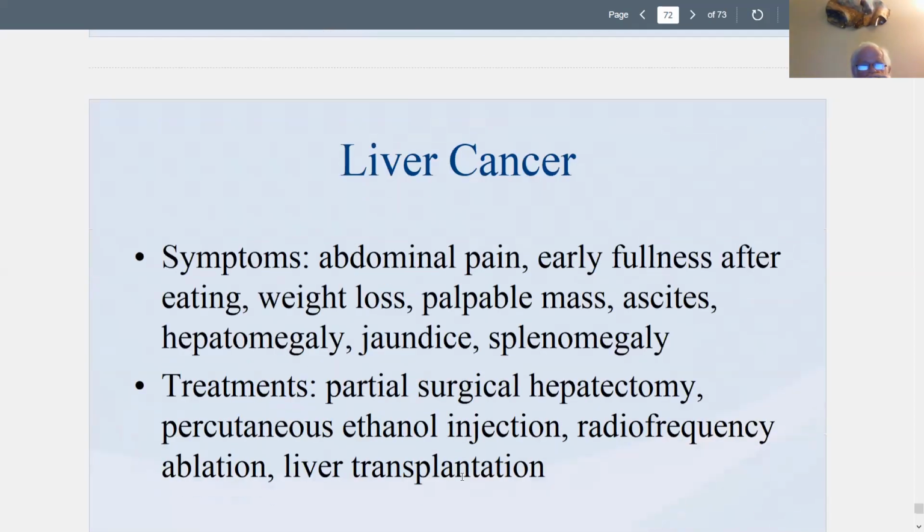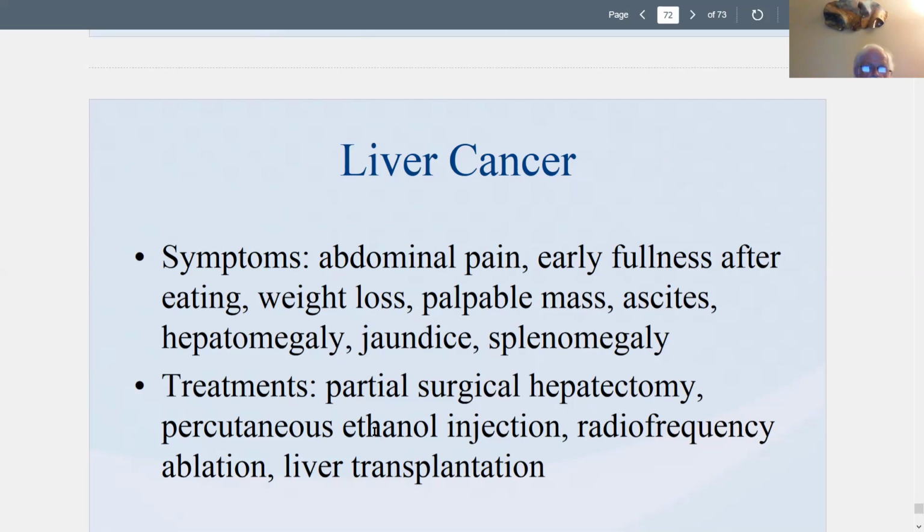Symptoms include abdominal pain, early fullness after eating, jaundice, enlarged liver, ascites, which is a buildup of fluid in the abdominal cavity, and enlarged spleen. Treatments, if it's localized to one part of the liver, we can take that out. We can use some other forms, and in extreme cases, we can do liver transplantation.